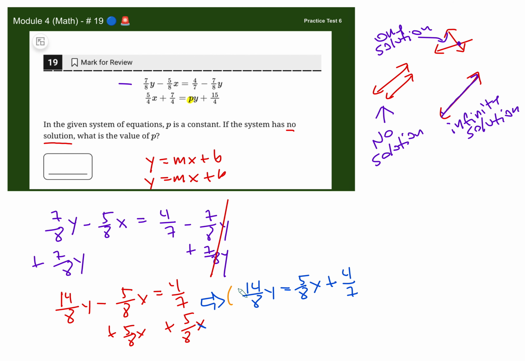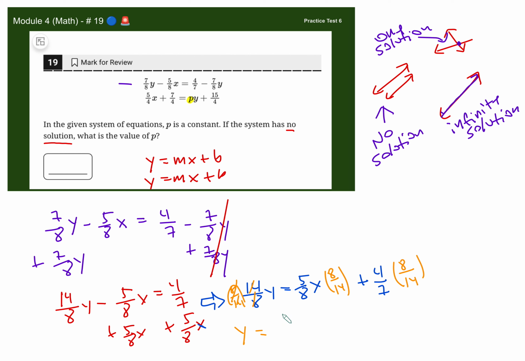So multiply here by 8 over 14, and here by 8 over 14. Then this wipes with this, and this wipes with this. That was the goal.